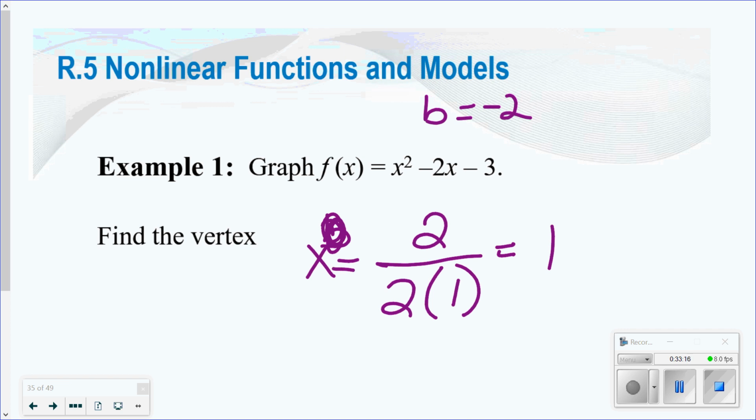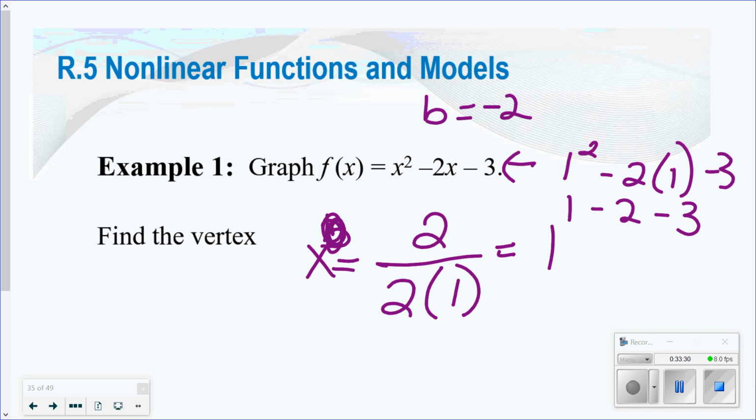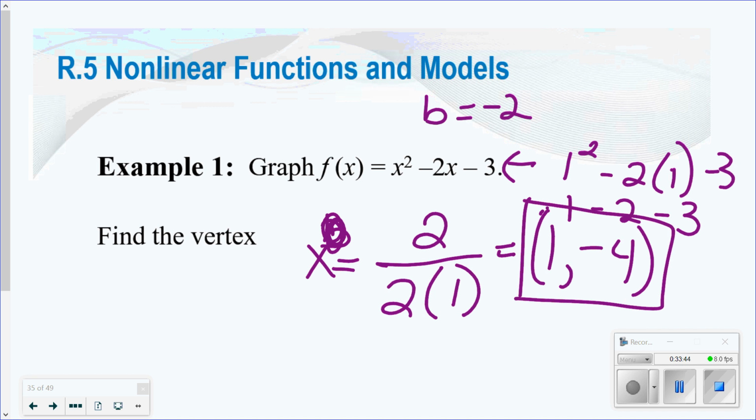Let's go ahead and plug 1 into this function and see what our y value is. So we have 1 squared minus 2 times 1 minus 3. So we have 1 minus 2 minus 3. Well, 1 minus 2, that's going to be negative 1. Minus 3 more would be a negative 4. So our vertex is going to be at (1, negative 4).